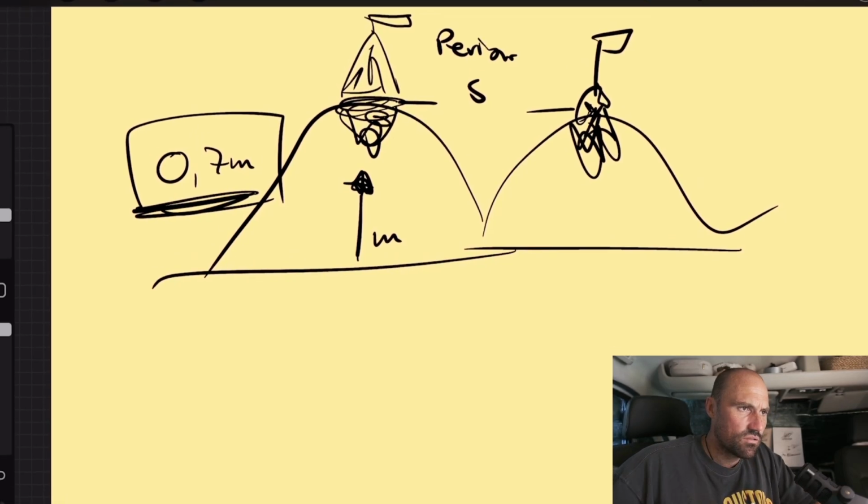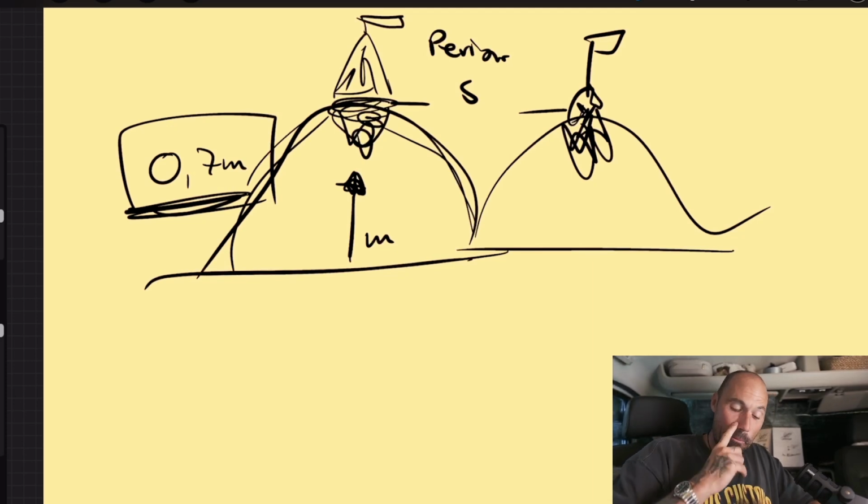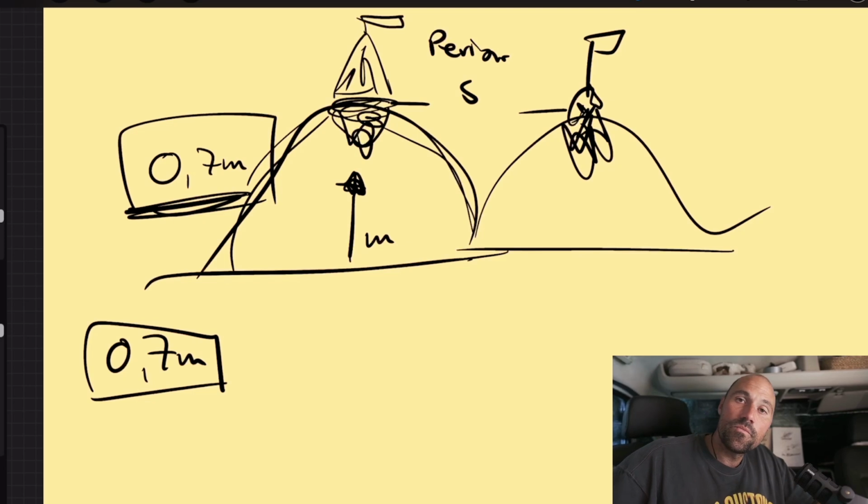Sorry, the picture is a bit down. Whoops, sorry, you didn't see all my beautiful drawing. Doesn't matter, you see it now. So you have the period and the measurement in meters, but this is the biggest misconception a lot of surfers have: when they see 0.7 meters of swell, they just think, oh yeah, it's gonna be 70 centimeters.